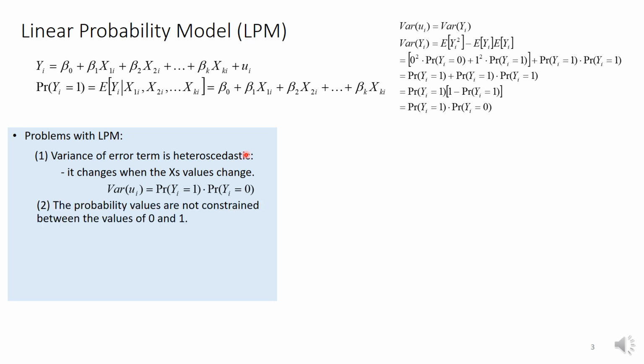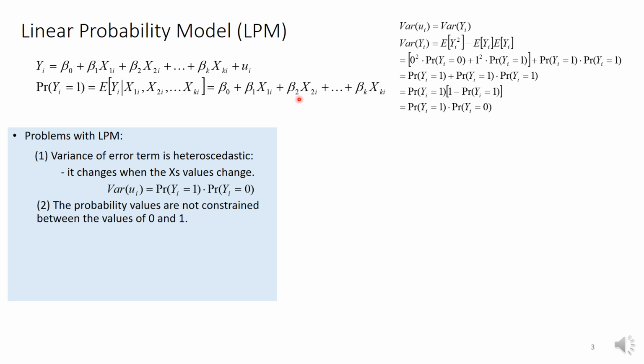Now, more importantly, the second problem is that the probability values are not constrained between 0 and 1. Because this is a probability value, you would want it to be between 0 and 1. But you know that this term on the right-hand side can be not necessarily between 0 and 1.